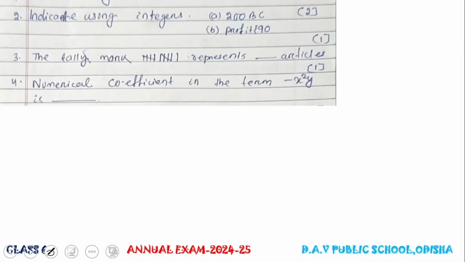Question number 2. Indicate using the integer. So BC means minus, AD means plus, so we can write minus 200. Now profit means plus, we can write plus 90. Now the tally mark: this is 5, this is also 5.